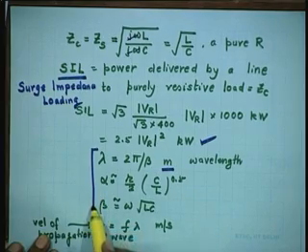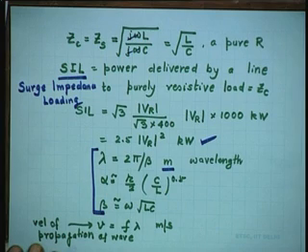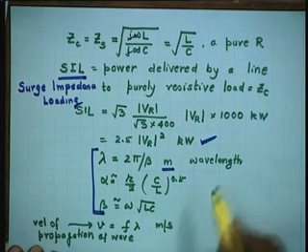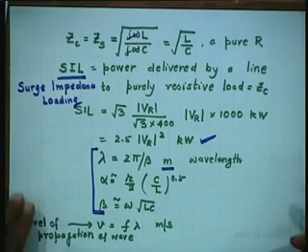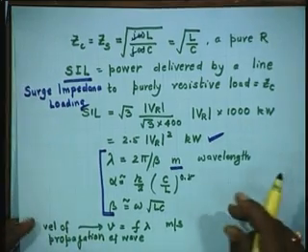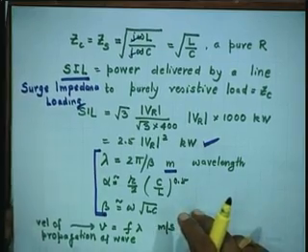The detailed derivation is given in the book, you can read it, but these three quantities are very important. What is the velocity of propagation of the wave? V is equal to f lambda. F is frequency, lambda is wavelength, computed like this. Then naturally, the units of velocity are meters per second.